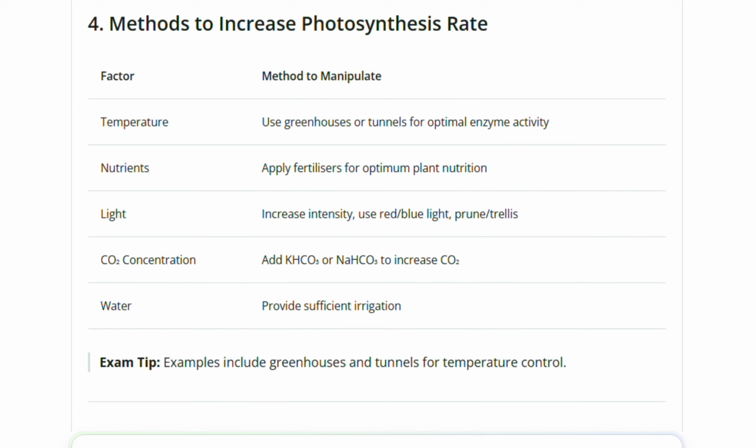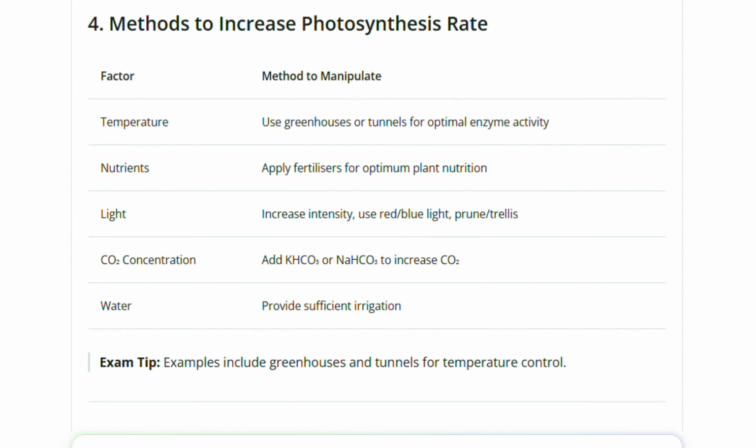So red and blue light is best suited for photosynthesis, right? For use when you're growing plants or crops. So to increase intensity, use red or blue light.